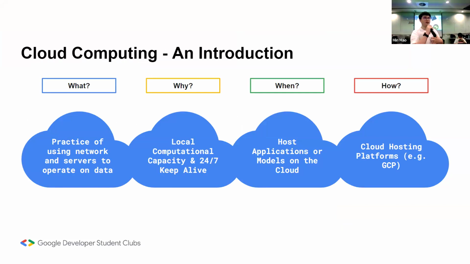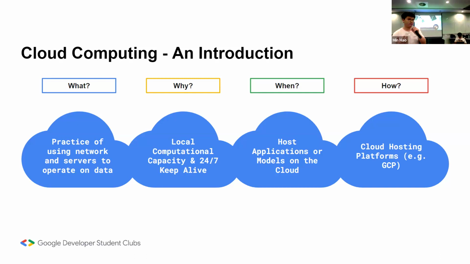You are basically using networks and servers to operate on any data. Let's say you want to publish or deploy an application, then cloud computing is there for you. In the past, people had to actually build their own servers and their own networks in order to deploy their application. But in this day and age, the cost of building such a server and network is very expensive.